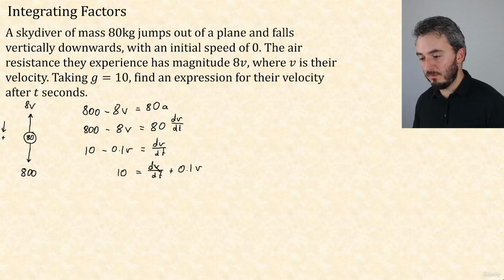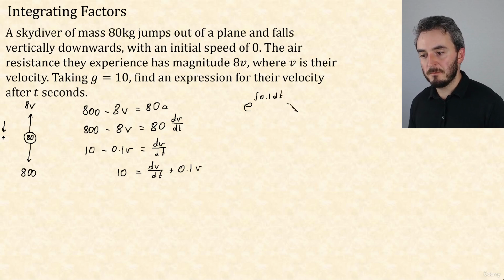It's just this is the equivalent of dy by dx, and this is the equivalent of a function of x times y. It's just our function of x, or t in this case, is 0.1. So our integrating factor here is e to the power of the integral of 0.1 with respect to t, which is e to the power of 0.1t.